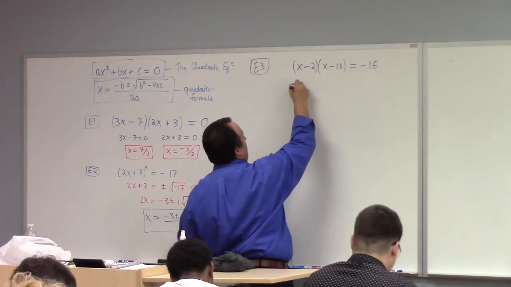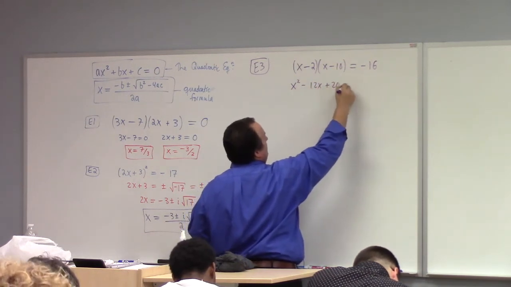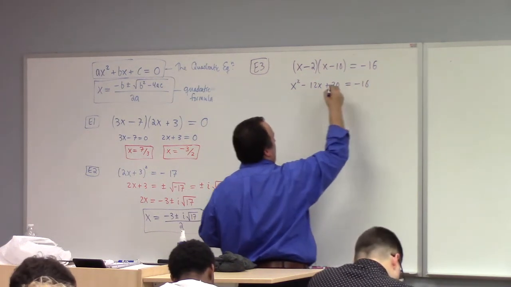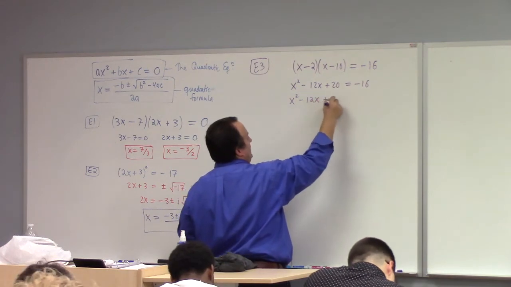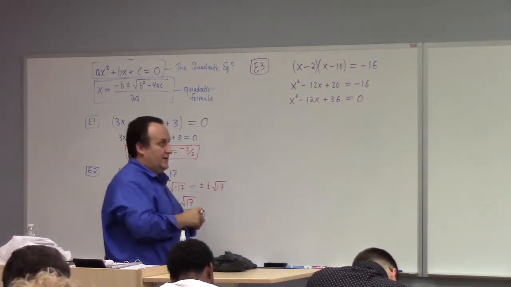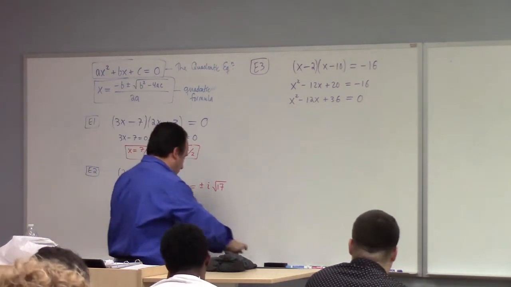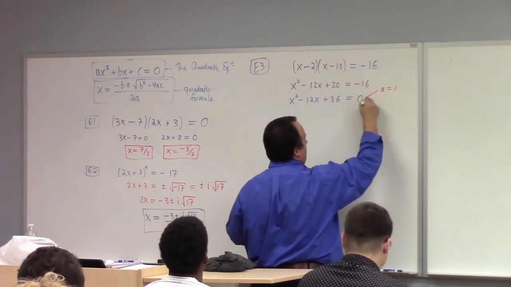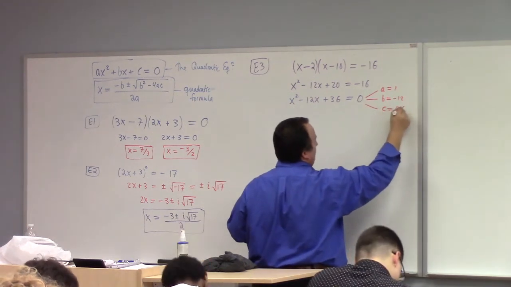We've got x squared minus 12x plus 20 equals minus 16. So then one more step: x squared minus 12x plus 36 equals 0. All right, so you can identify here the coefficients. We've got a equals 1, b equals minus 12, c equals 36.